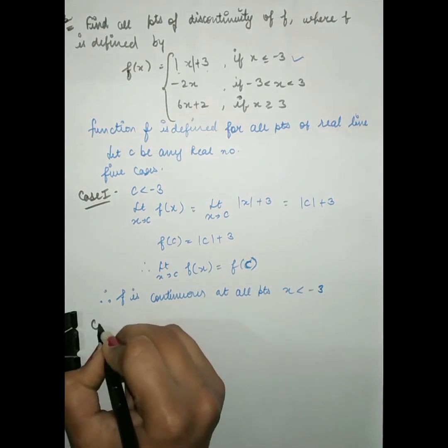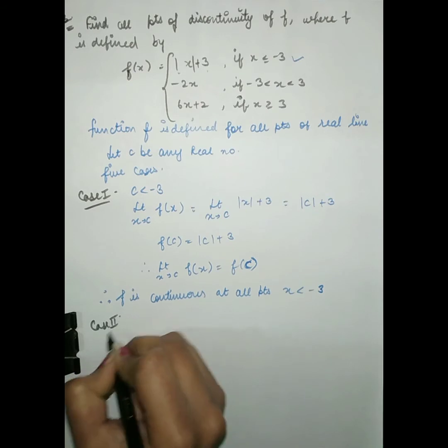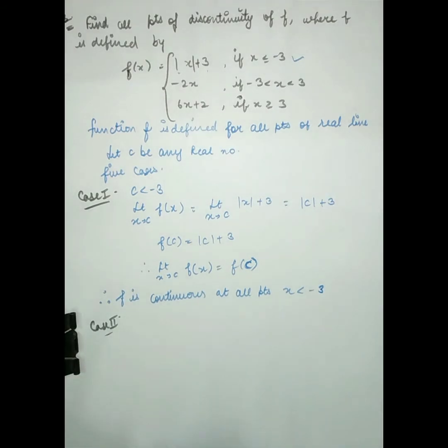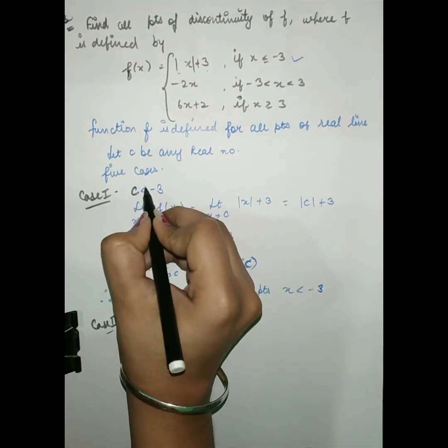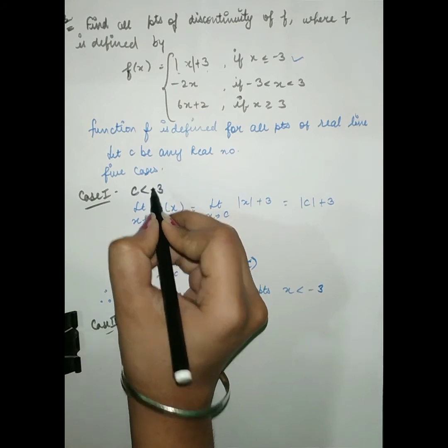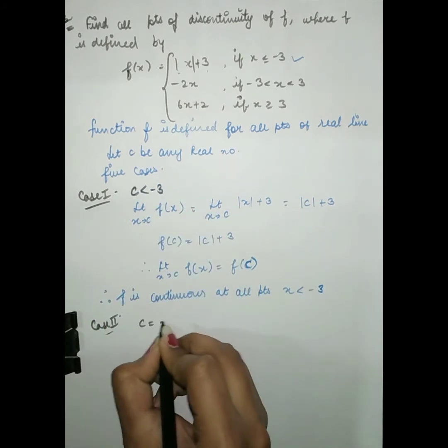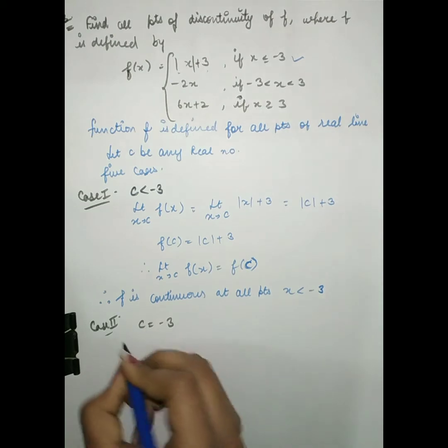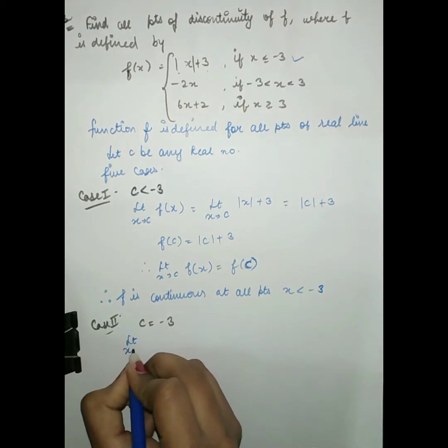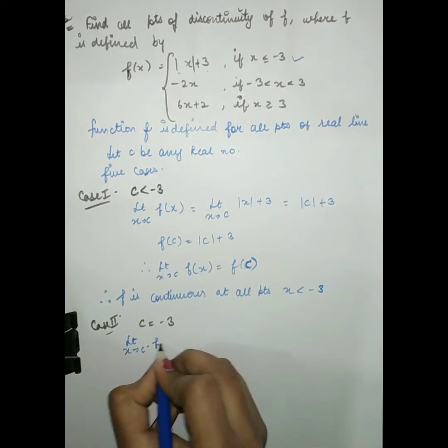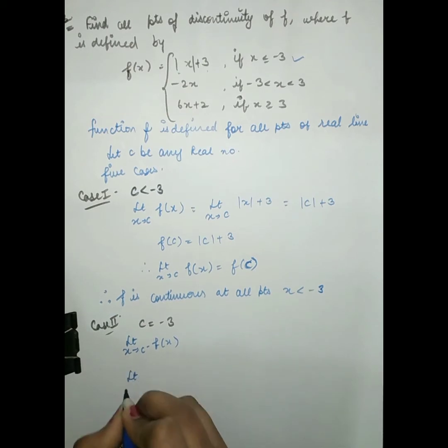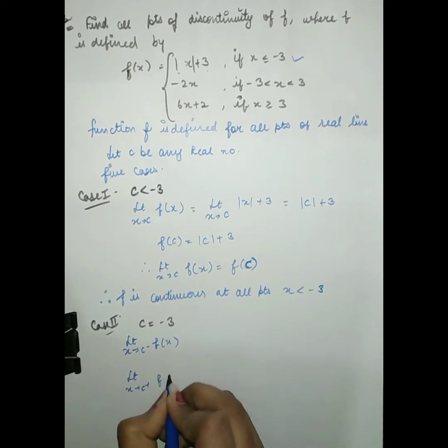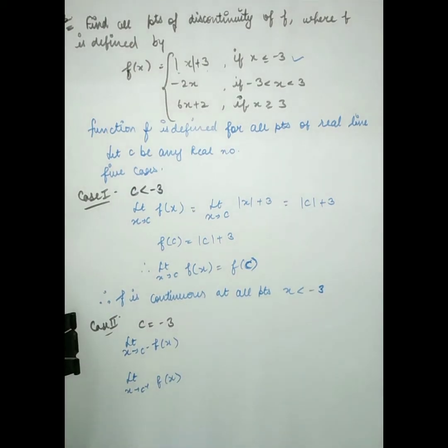Now the second case is when c will be equal to minus 3. Then we will have to take the limit as x approaches c negative of f(x) and the limit as x approaches c positive of f(x). That means left hand limit and right hand limit.